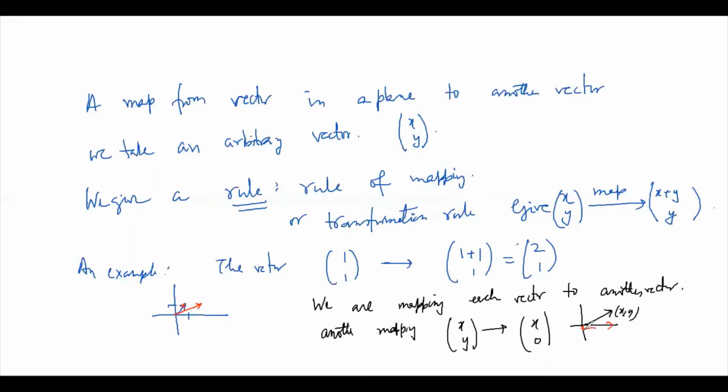The projected vector is (x, 0). So you can see this is a projection. Now we'll see how to neatly describe this mapping. It is also called a transformation because it transforms one vector to another.